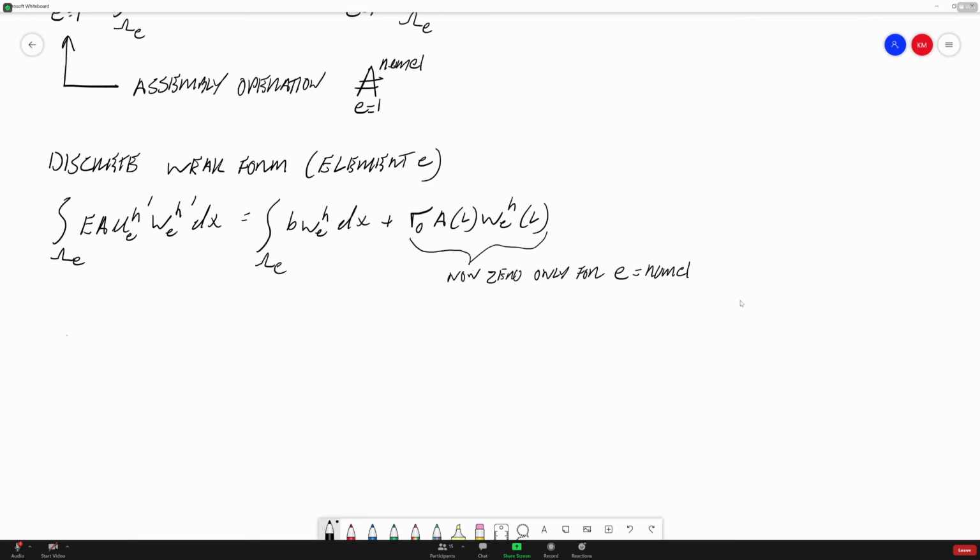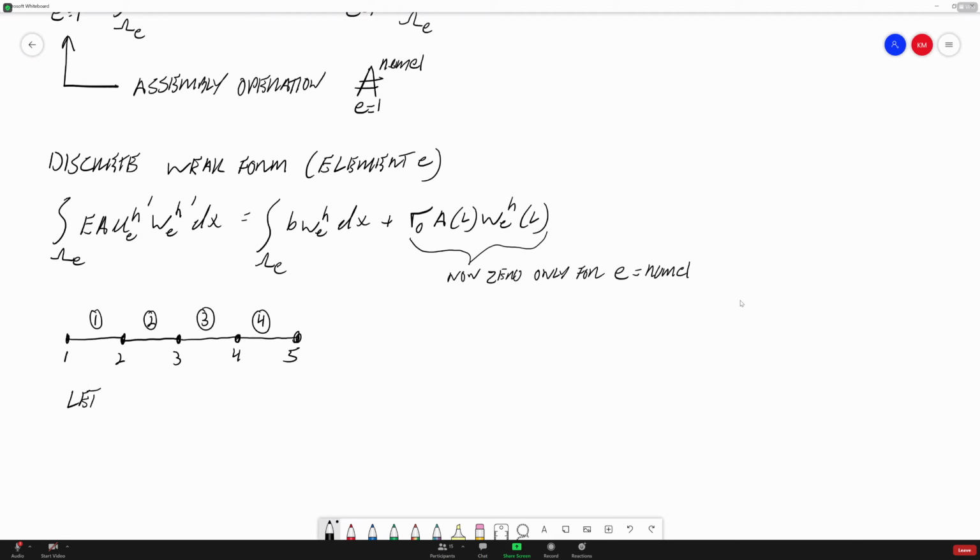And let's remind ourselves of what we have. Elements 1, 2, 3, 4, and nodes 1, 2, 3, 4, 5.